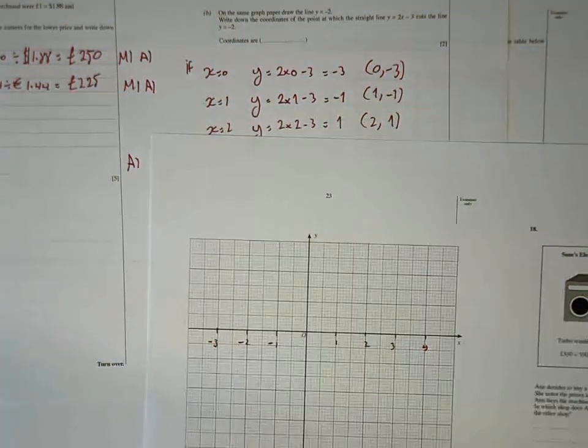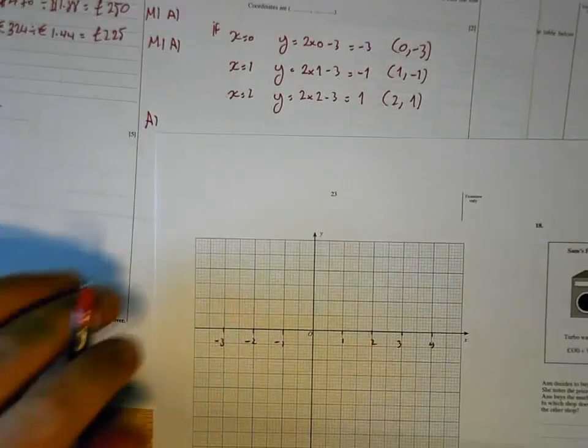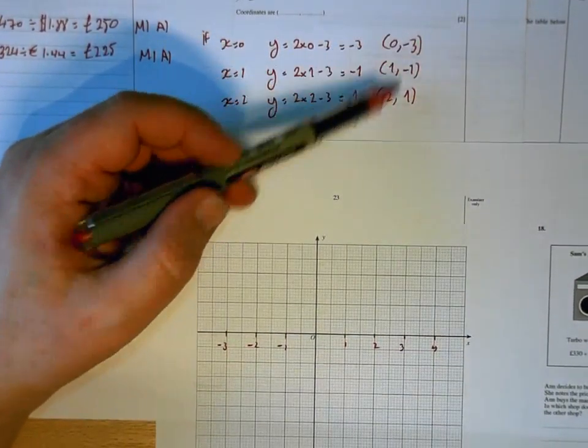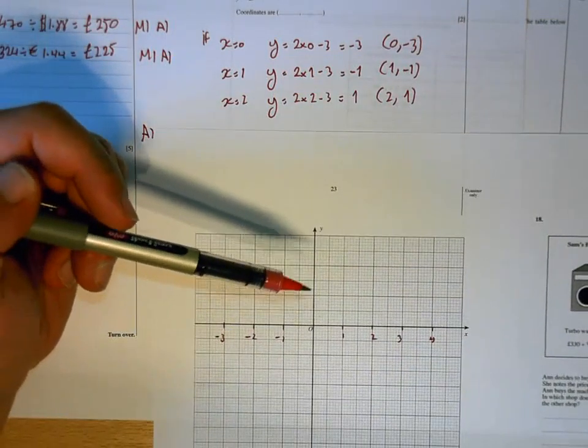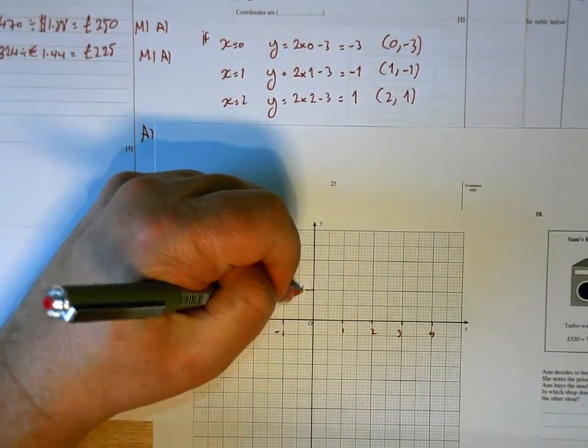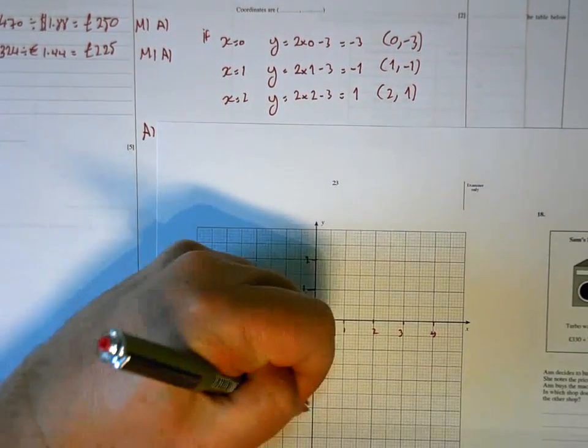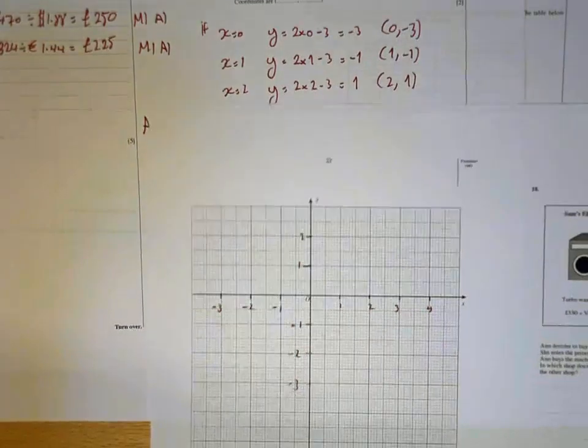So I'm going to plot those points. I've got to make sure that those y coordinates fit on my scale. So I'm going to go 1, 2, negative 1, negative 2, negative 3.